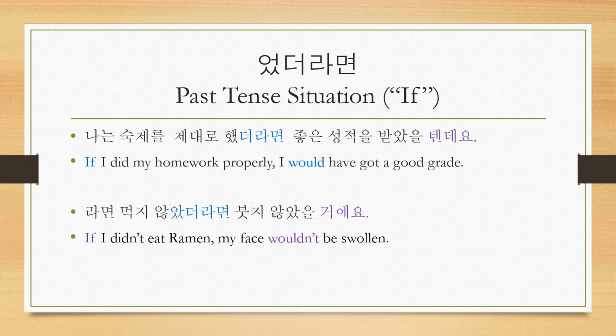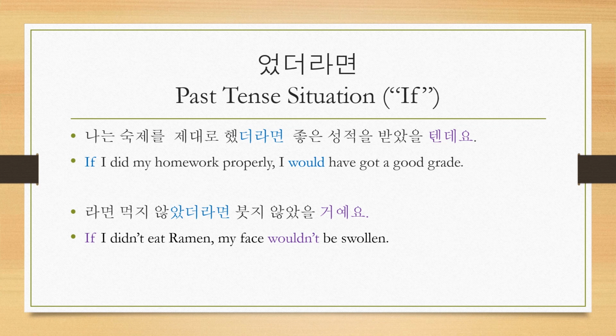So here we have 나는 숙제를 제대로 했더라면 좋은 성적을 받았을 텐데. Basically, he's saying, if I did my homework properly, I would have got a good grade. So it's almost like would as well.